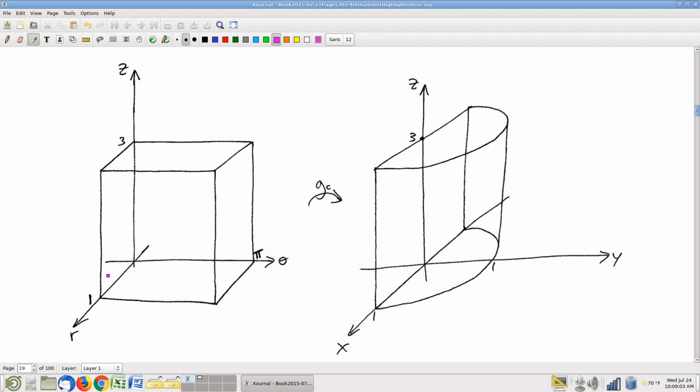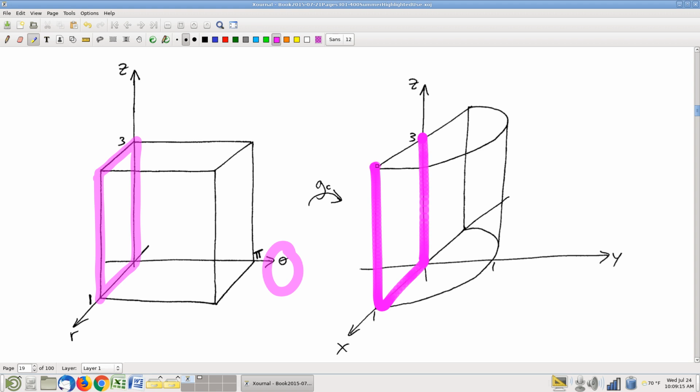So let's think about that face right there. That face is where theta is 0. It goes to that. Theta equals 0, z ranges over certain values, r ranges over certain values, 0 to 1, I guess. So that goes to that.